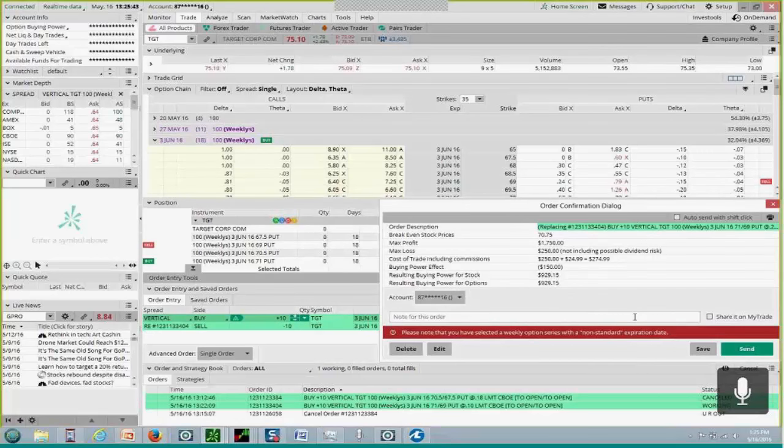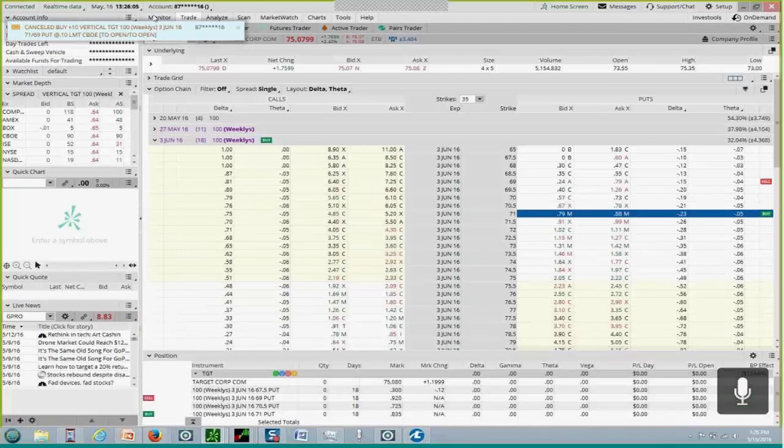If I confirm and send, buying power effect, 150. It's going to cost me 250, 275, if I hit the send button.